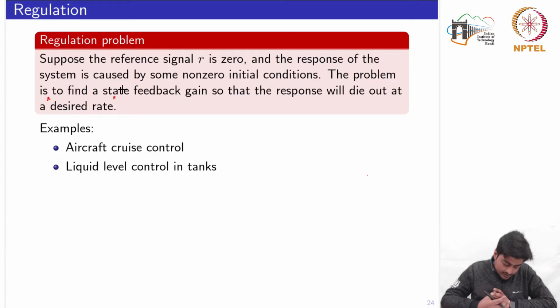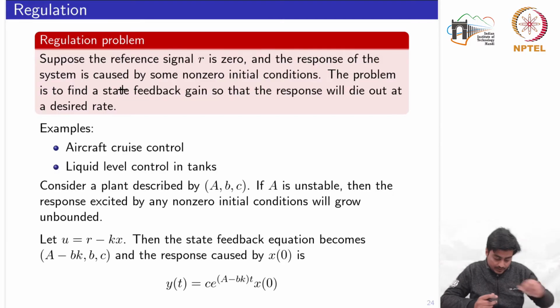So there are many examples. The first one, the aircraft cruise control or the liquid level control in tanks. So consider the plant described by the pair A, B, C. If the system A is already stable, then it is pretty much clear that for the zero reference signal and for non-zero initial conditions, the response of the plant would be stable.